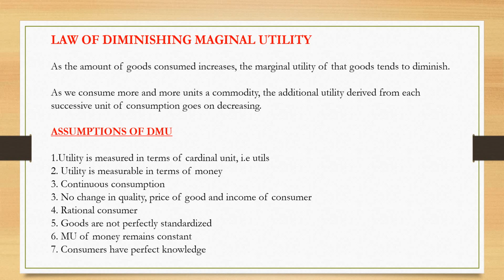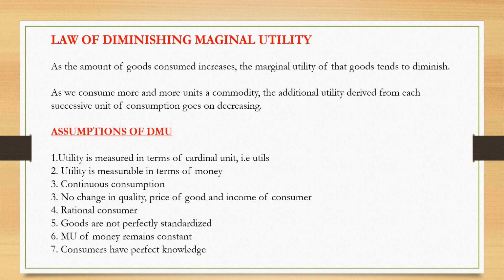It is assumed that consumption is a continuous process. For example, if one ice cream is consumed in the morning and another in the evening, then the second ice cream may provide equal or higher satisfaction as compared to the first one. So there must be continuous consumption of different units of a commodity.